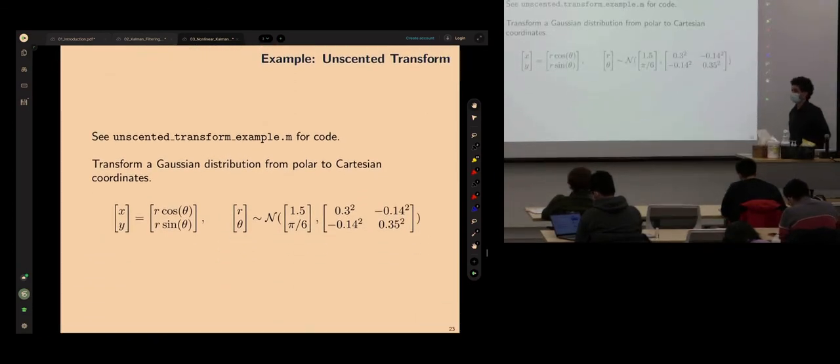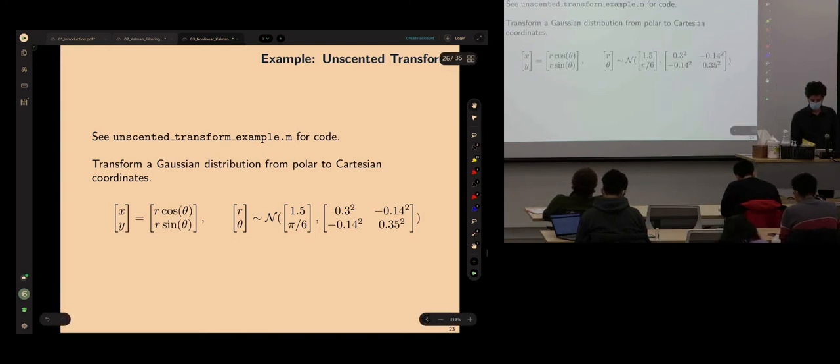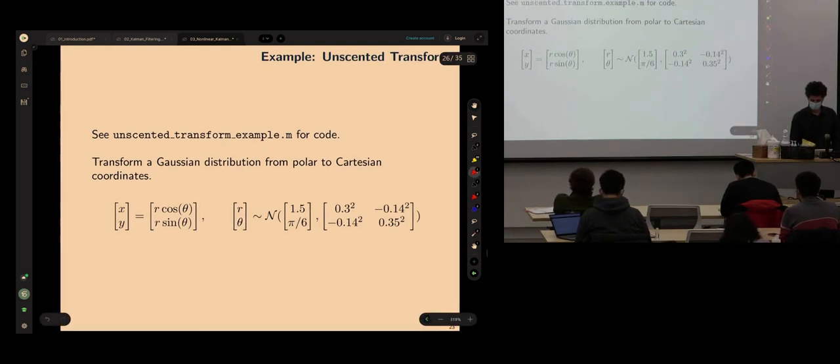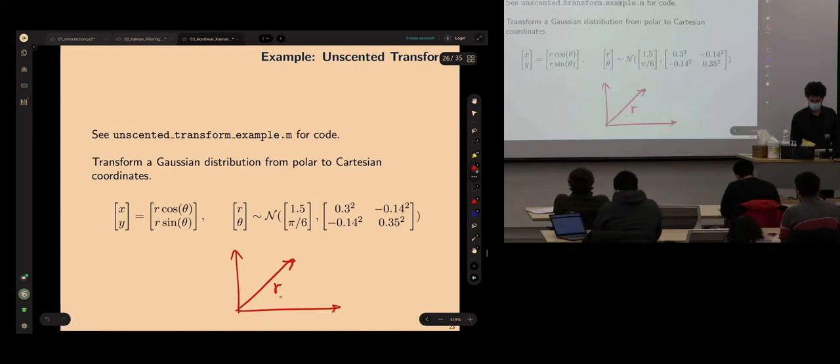Example. Now we have the range and, so it's just the coordinates, not the range and bearing example. So this is a mapping from polar coordinates to the Cartesian coordinates. It's a simple example. So for a point, you have rotation angle, and then you have x, y.